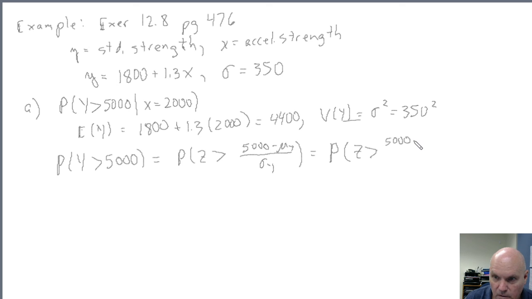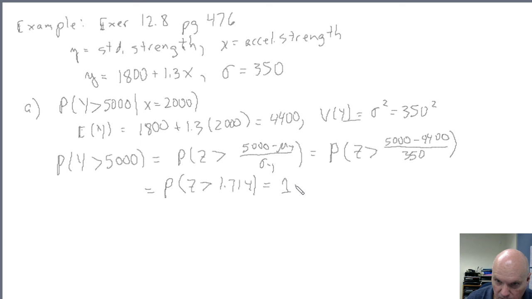At this value of x, I subtract 4,400 and divide by, not the variance, but the standard deviation, 350. So this is the probability that z is greater than 1.714, where z is my standard normal random variable. I can get this probability from the CDF, which is our phi function. My CDF gives me the probability that z is less than 1.714, so I subtract that from 1 and I get the desired probability.